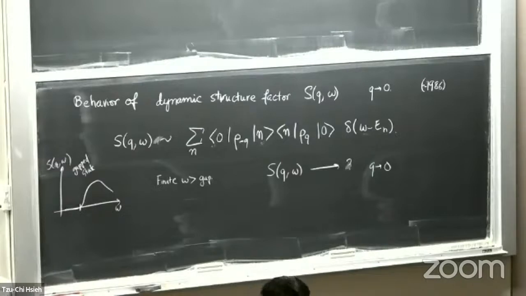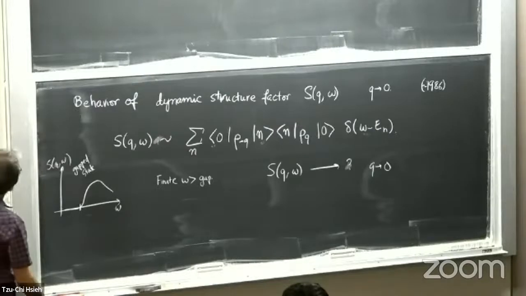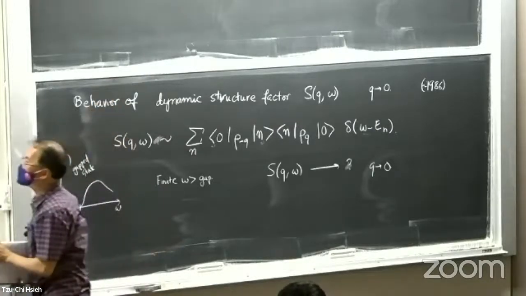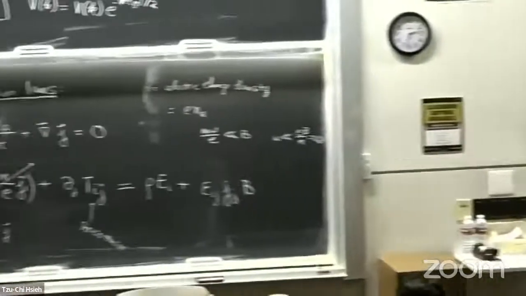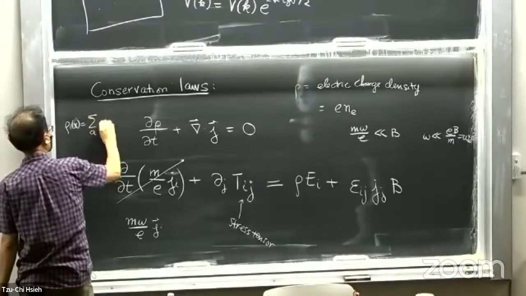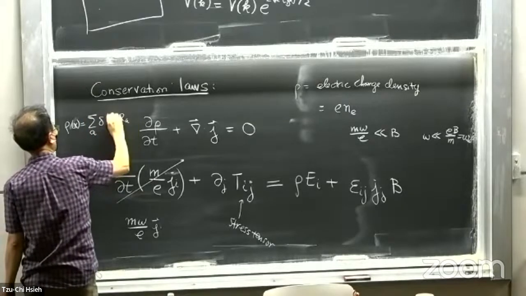So this is a quantum version. You can also write the classical version, but for this question I'm considering the fully quantum problem. Imagine that I've quantized this theory, and then I want to understand it. So we have the operator rho here. Basically rho of x is a sum over all particles of delta function of x minus R_a.